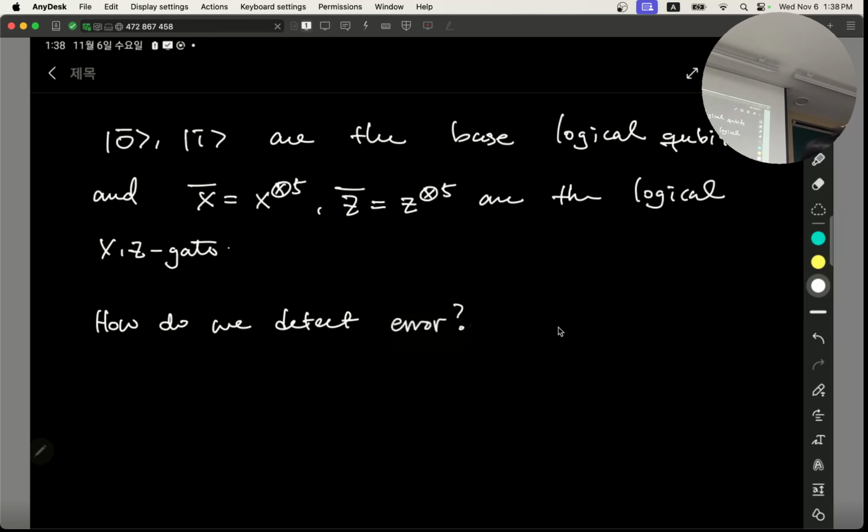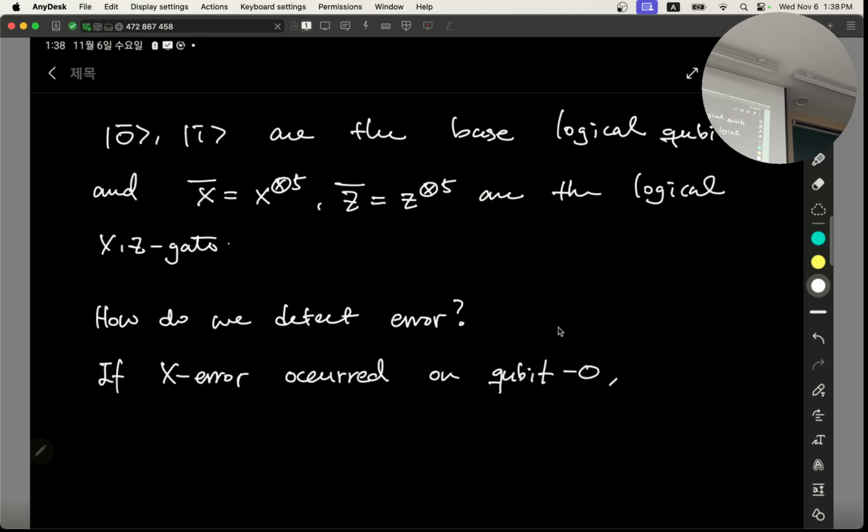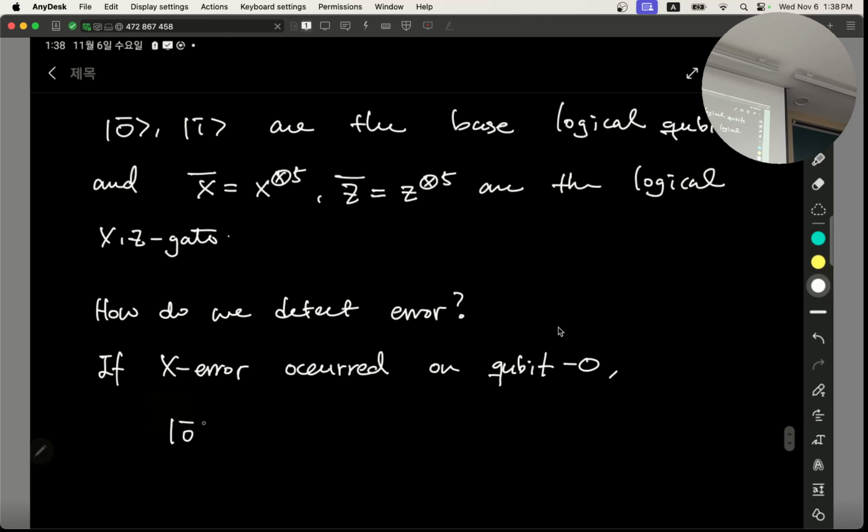So let's think about what happens when an error occurs in one of the qubits. So if an X error occurred on qubit 0, then, well, the initial state was, let's say, the logical 0 qubit.